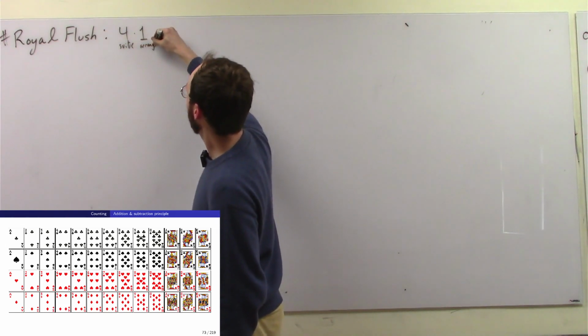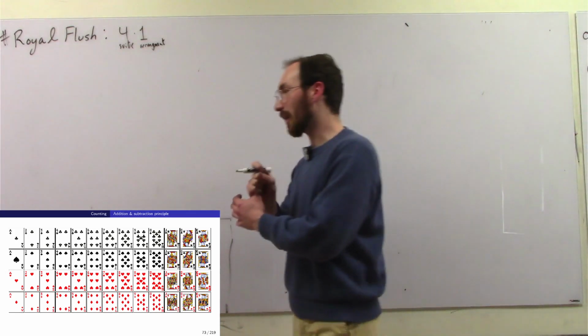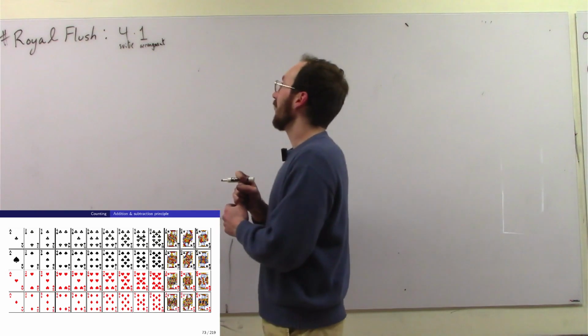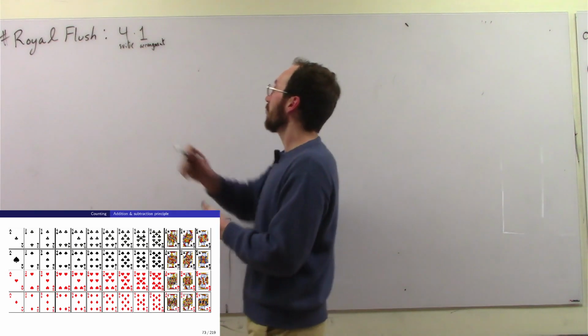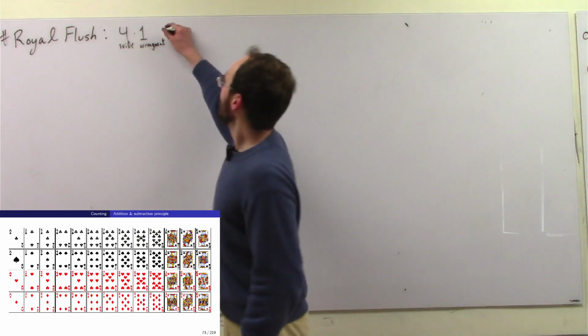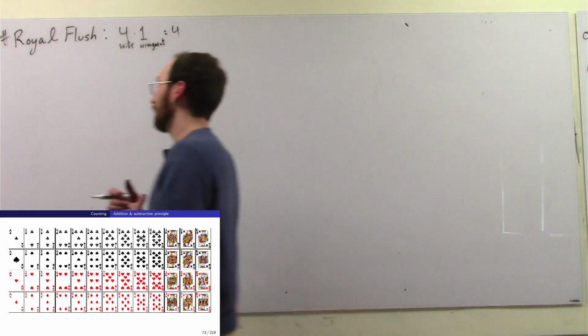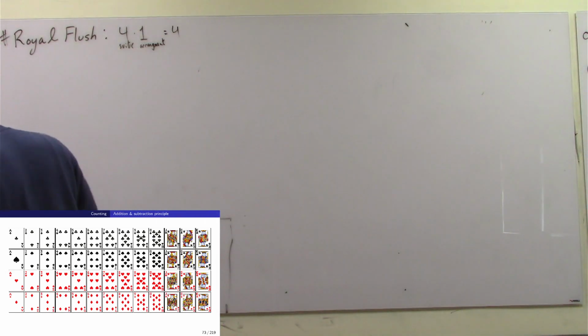Because we've determined that if I'm going to get a royal flush, we know what cards they are. It just matters that they're all the same suit. We've already fixed that. There's only 4 ways. So yeah, it makes sense that this is your tip-top hand.